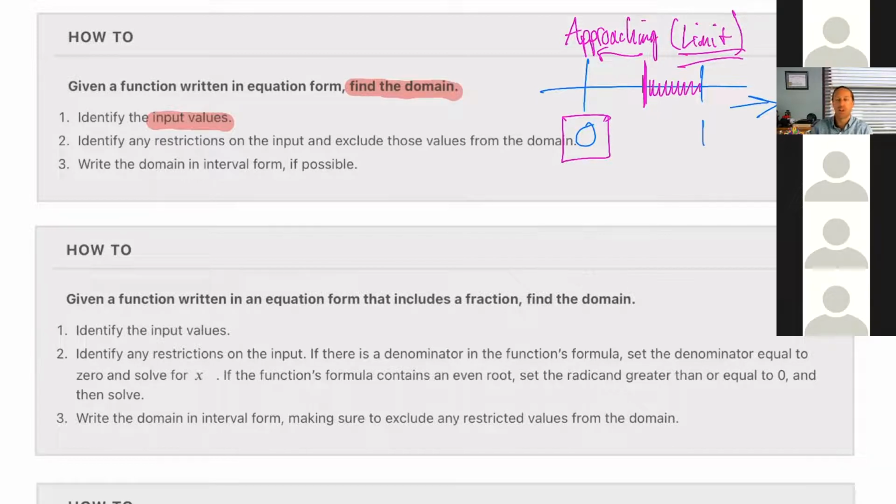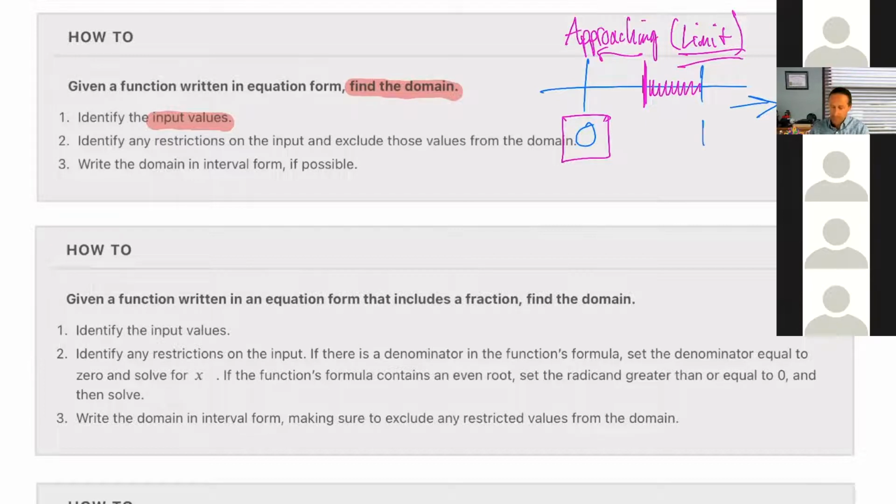Okay, it's what it's approaching, not what it actually will ever be. Because we're going to get so close to zero, we're going to say, you know what, it's approaching zero, even though we'll still end up with that little bit of half each and every time.